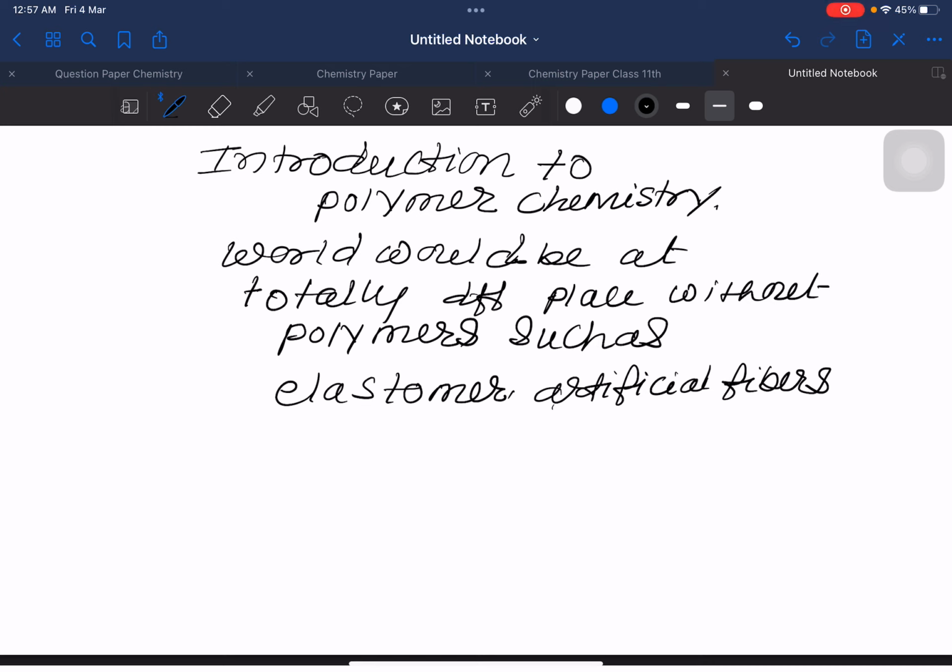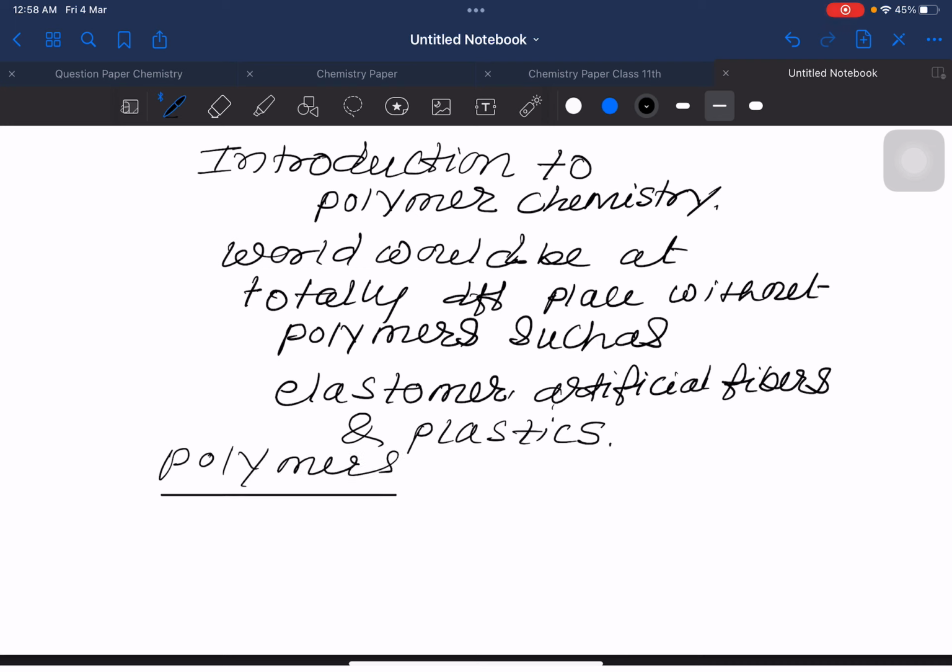From the throwaway candy wrappers to artificial hearts, polymers touch our lives as does no other class of material. In short, we are living in the world of polymers.